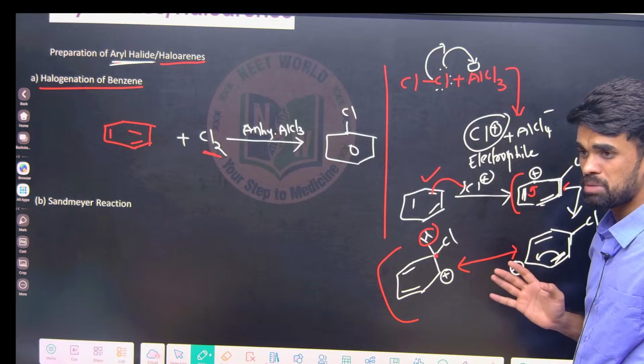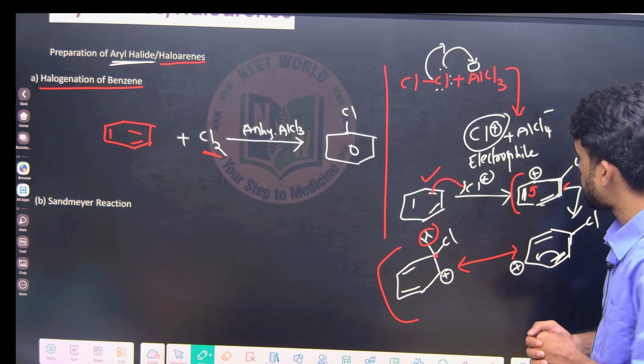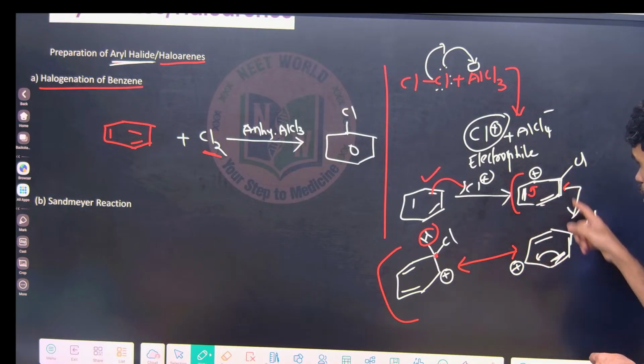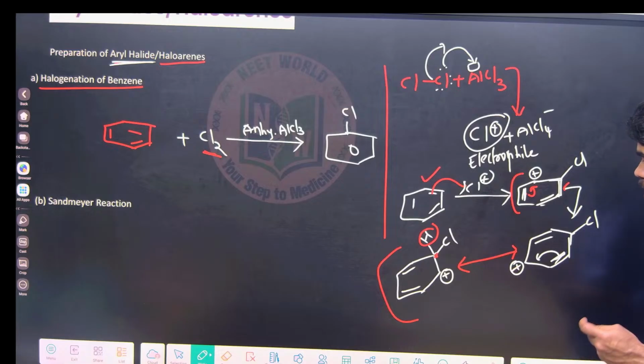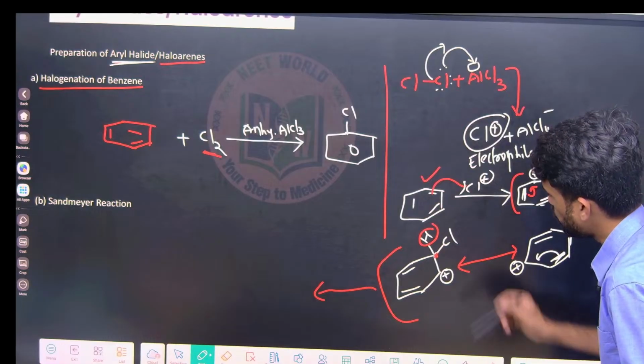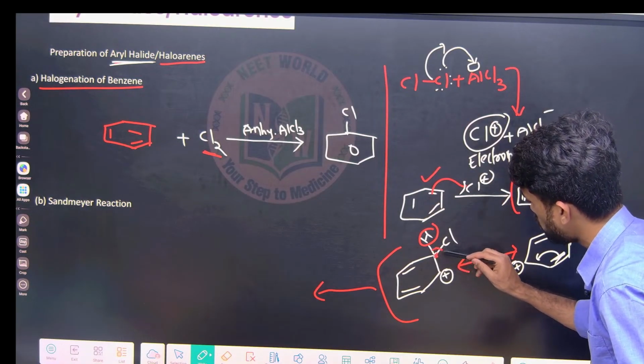So which is more stable? Aromatic. So it means aromaticity should be regained again. How is it possible? These are the possible resonating structures, I mean sigma complex stabilization I am explaining. After this, finally you should get a product. How does it happen? From the carbon to which chlorine is attached, you remove a proton.